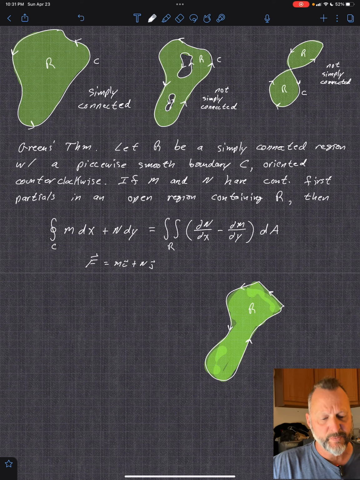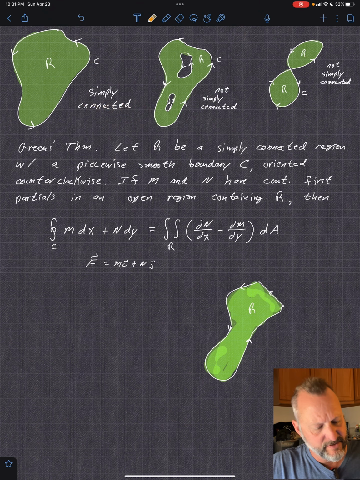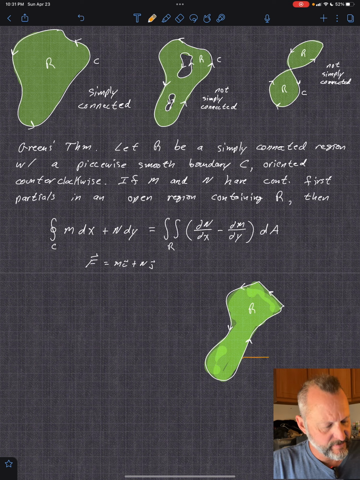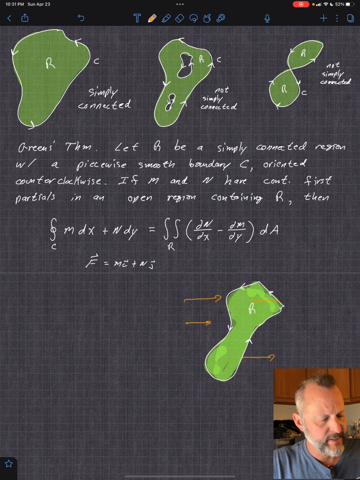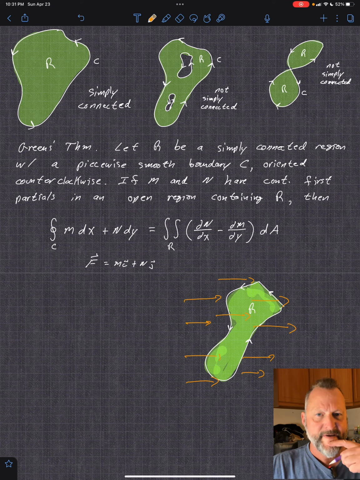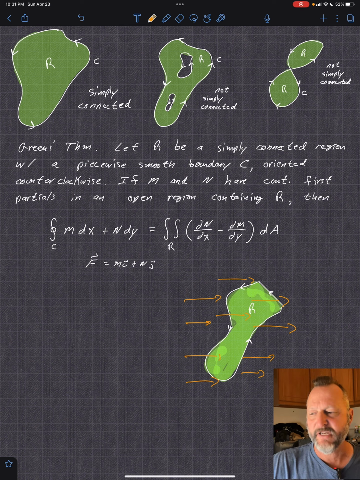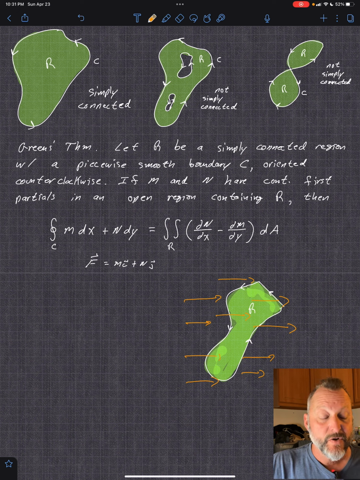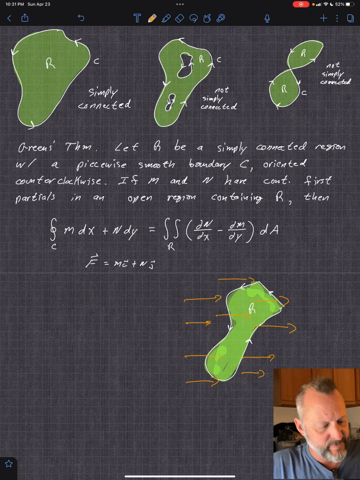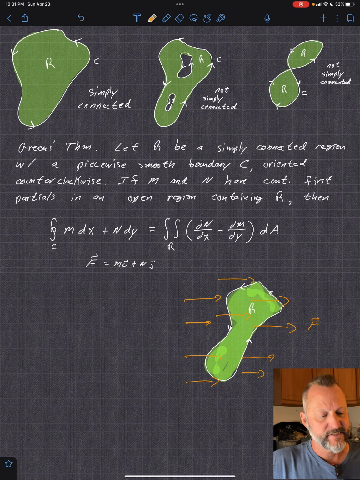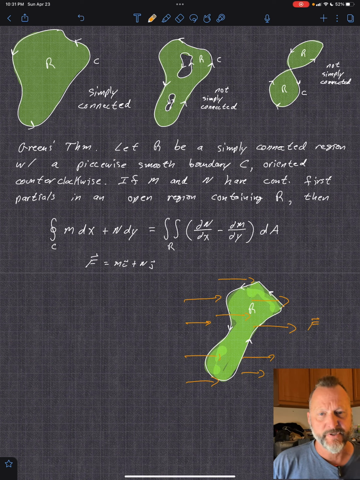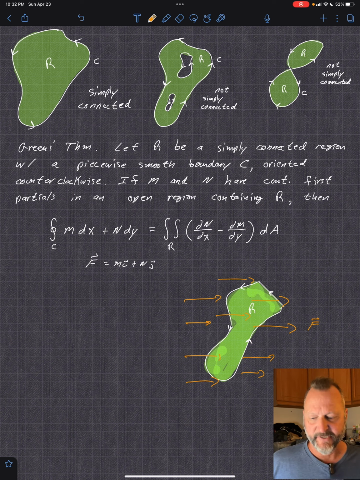But you are also picturing flux going through that. I say flux, but I actually haven't defined that yet. Sorry, I mean the vector field. The vector field's passing through it. We will define flux shortly, but vector field F is passing through that thing and acting on it, so there's more to it than just the integration.